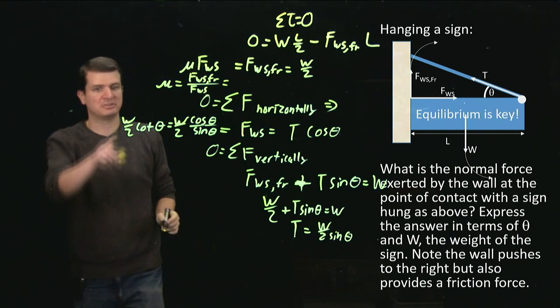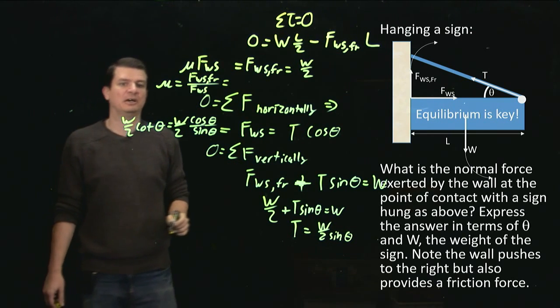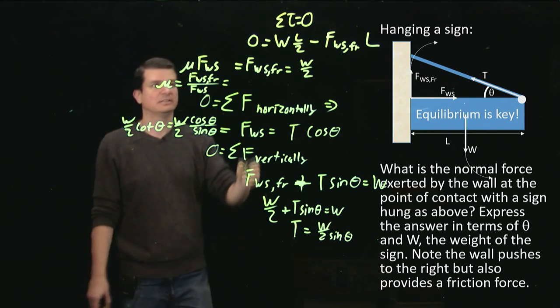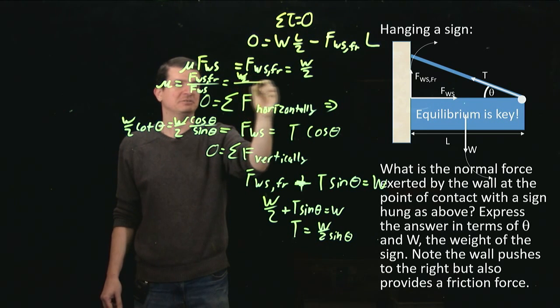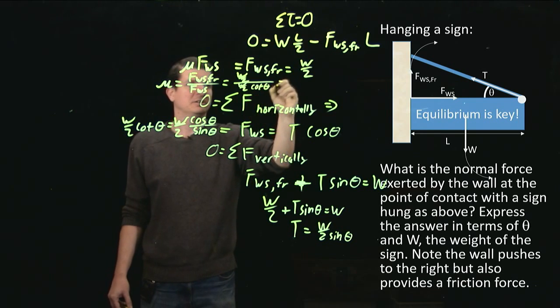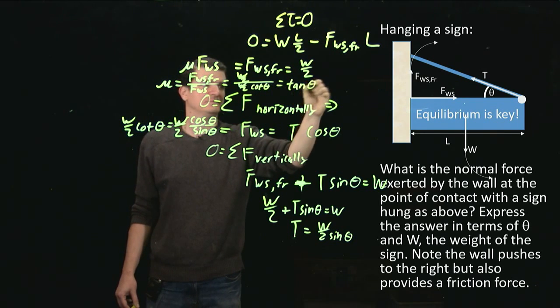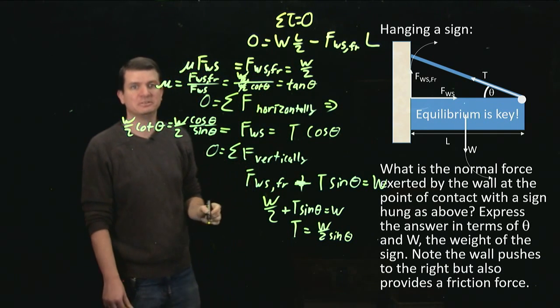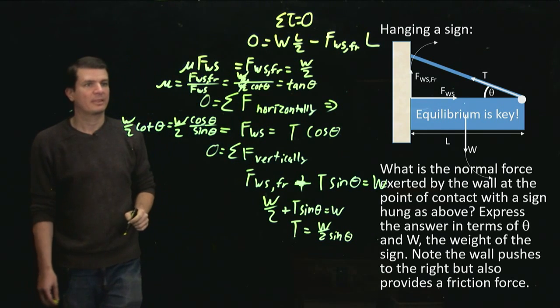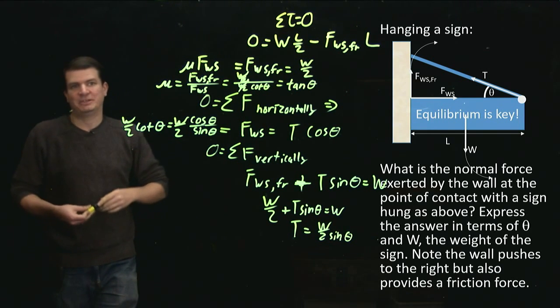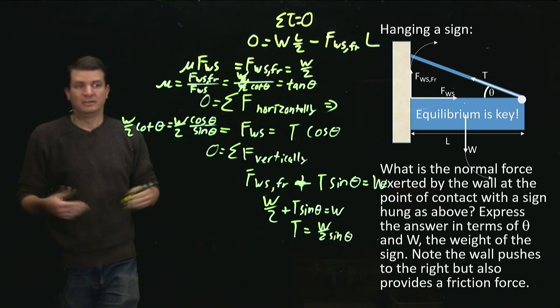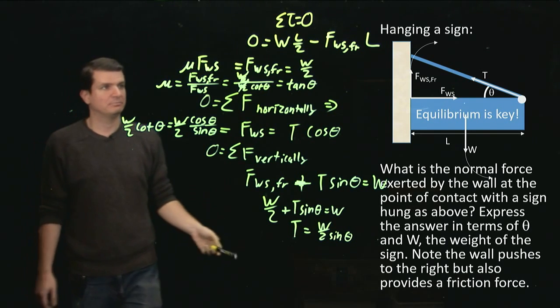So that's W on 2 divided by W on 2 cotangent theta, which is equal to tangent of theta, because the W on 2s cancel. Okay, so we now know the coefficient of friction as well, which is nice.